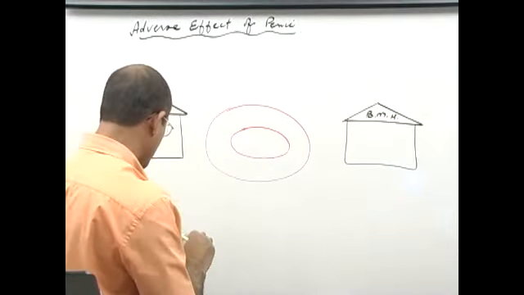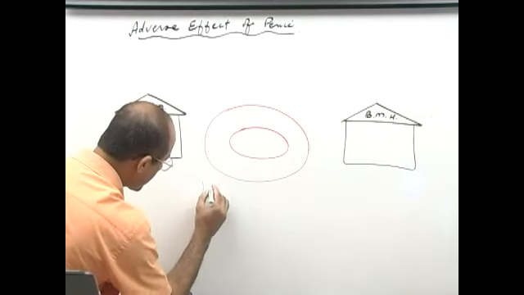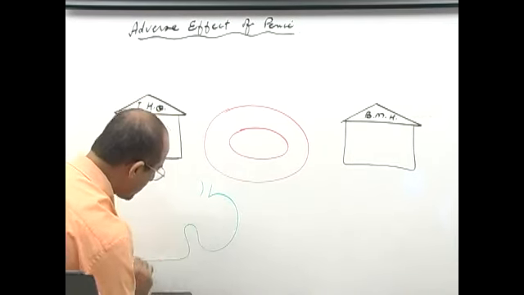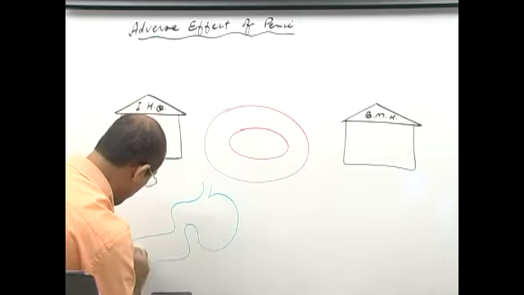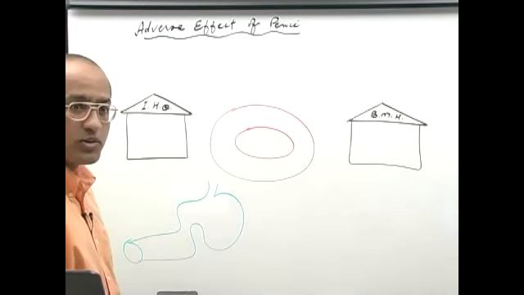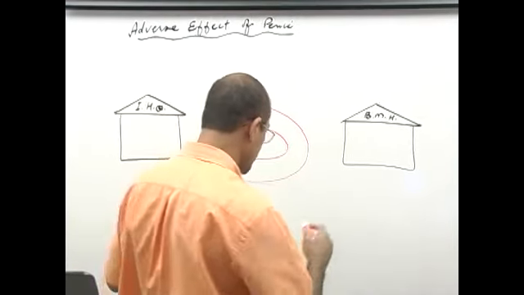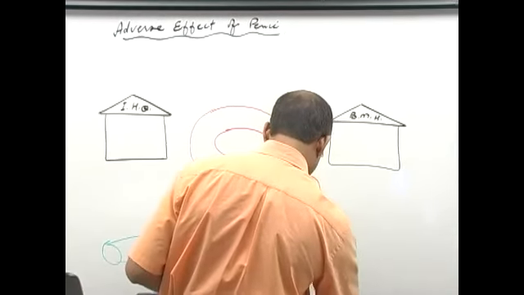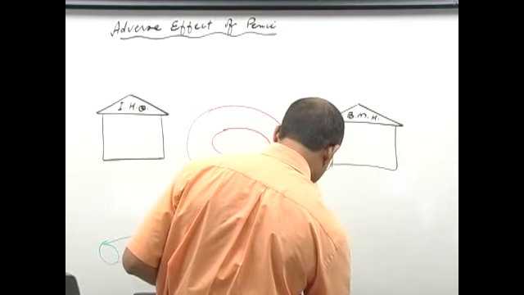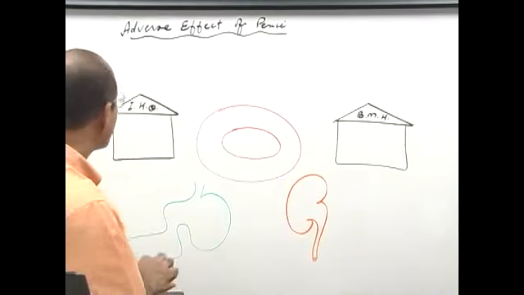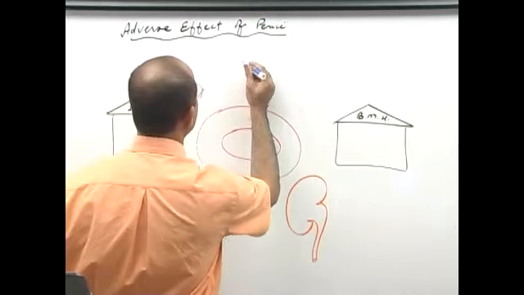Here is your, what is it? It is the GIT. Don't think of other things. Here is your GIT. And here is your beautiful kidney. And of course, I believe you have the central nervous system also.